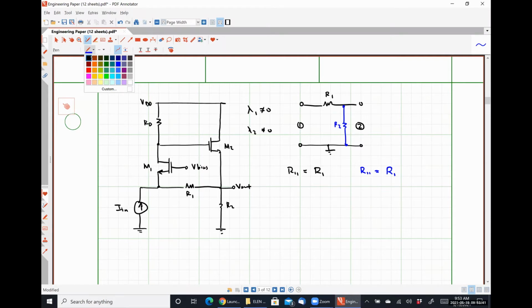Let's see what we got here. R22. All right. So for R22, we look in through port 2 with port 1 shorted. So first case, ignore this blue resistor R2. What do we see? Just R1. Second case with the blue resistor included, what do we see?